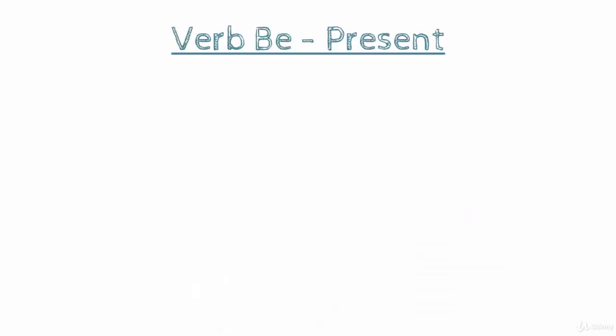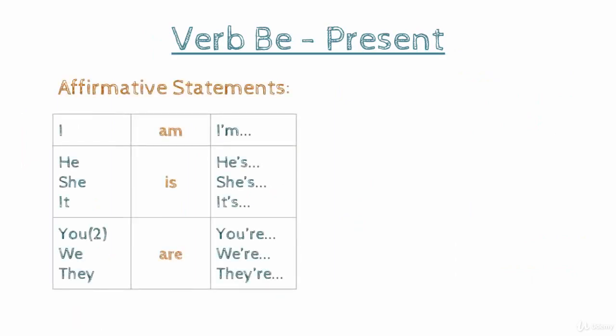Now, let's get to some examples of verb be. First, we're going to see some affirmative statements. You can repeat after me.